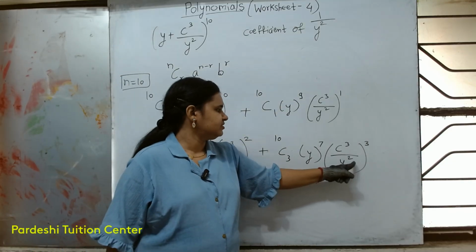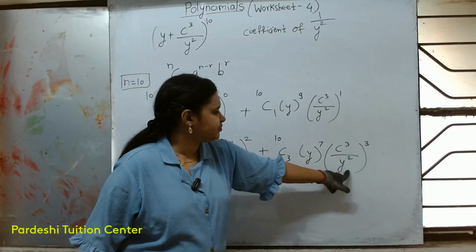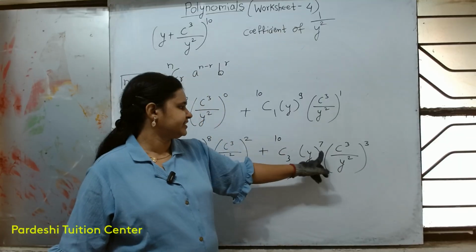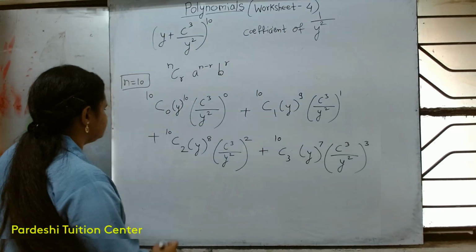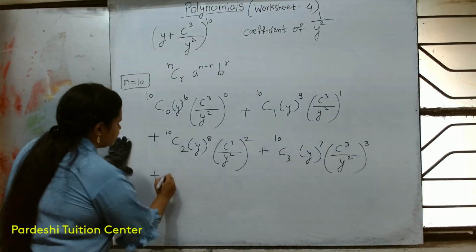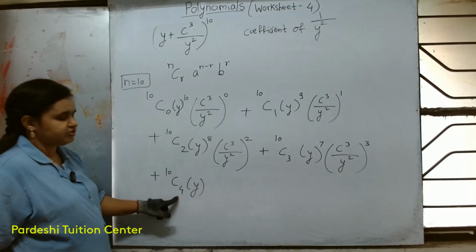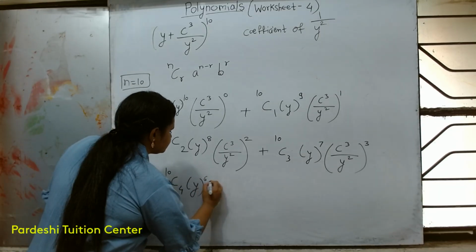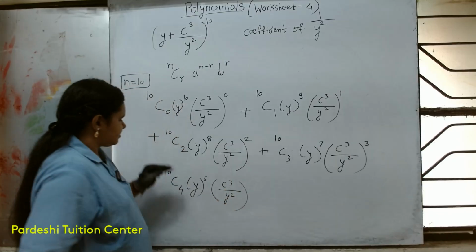Here y square to the power 3, y to the power 6 it will be, and y to the power 6 will get cancelled and 1 y will be remaining, but we want 1 upon y square. So again the next term will be 10c4 y to the power, now 10 minus 4 is 6 and c cube upon y square to the power r, here r is 4.